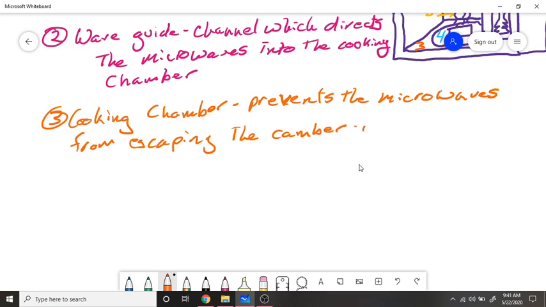And even the mesh that is on the door's window is smaller than the microwave length, so it cannot escape.